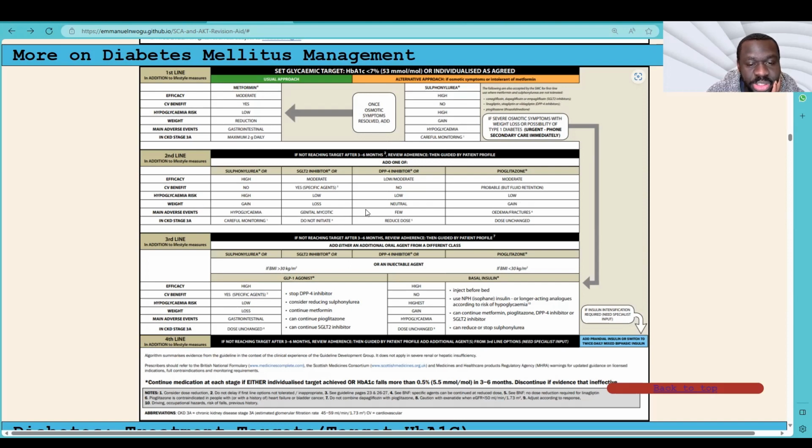In terms of weight management, the DPP-4 inhibitors are neutral. The GLP-1 agonist, semaglutide, obviously can cause weight loss. The main adverse effect of semaglutide is gastrointestinal side effects.